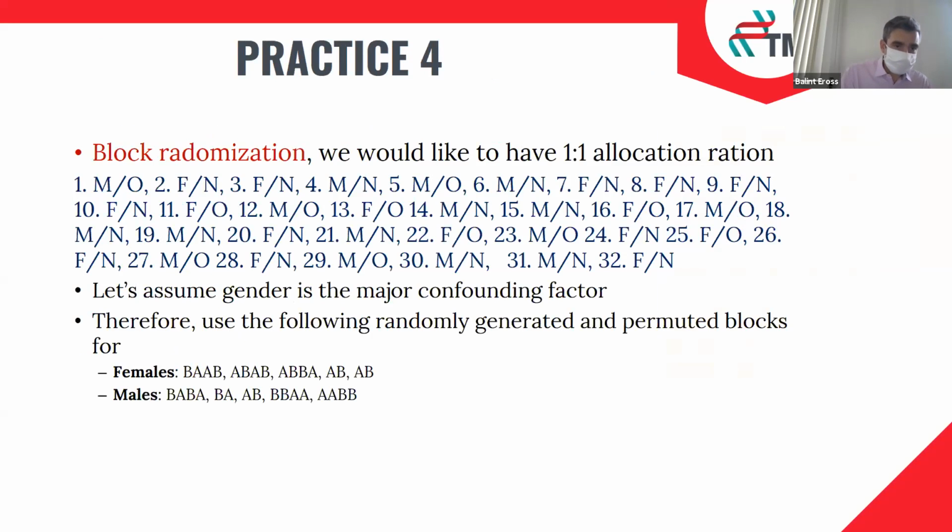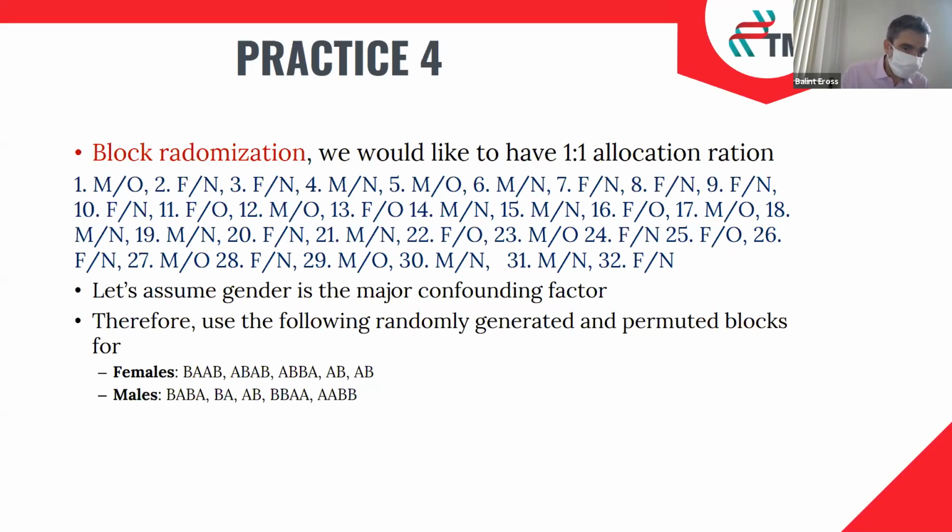But let's do the practice on our well-known sample of 32 patients. Let's assume that in the study where we have obese patients and non-obese patients and males and females, the major confounding factor out of the 2 factors is the gender.